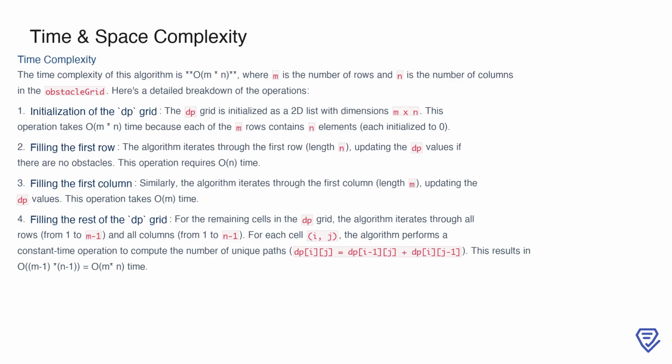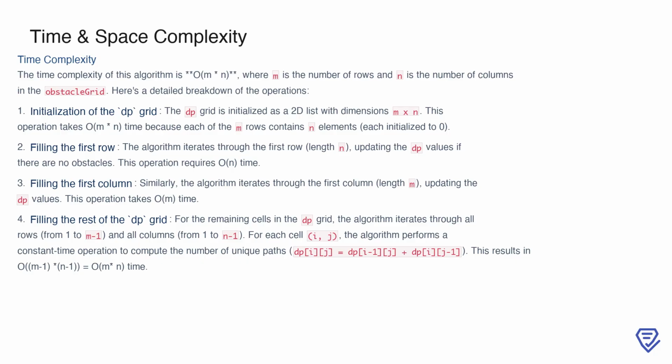The most significant contribution comes from filling the rest of the DP grid. Here, for each cell (i, j), we compute the number of unique paths by adding the values from the cell directly above and the cell to the left. This computation is performed for all cells from the second row and second column onward, which involves (m-1)*(n-1) operations.